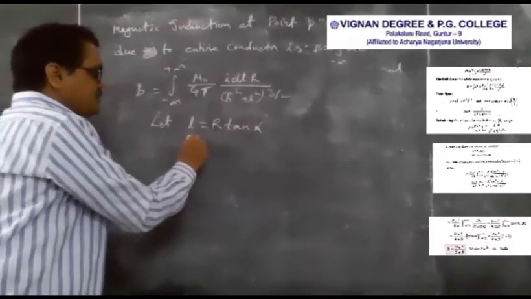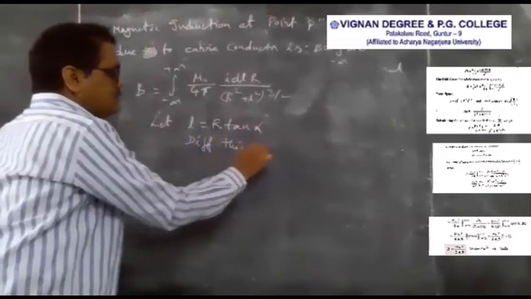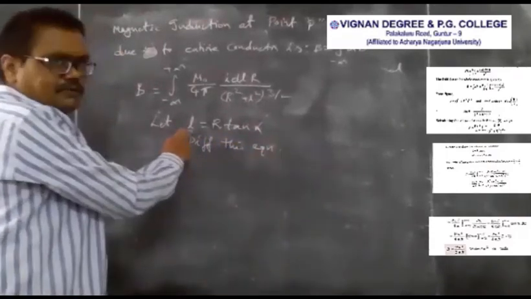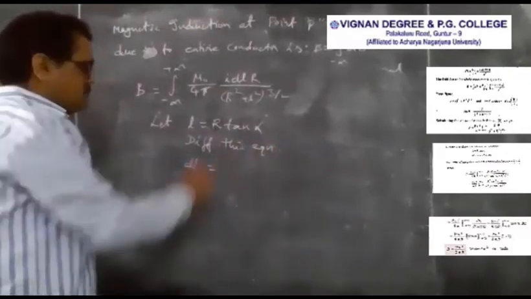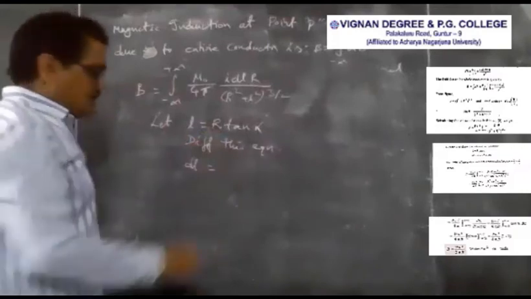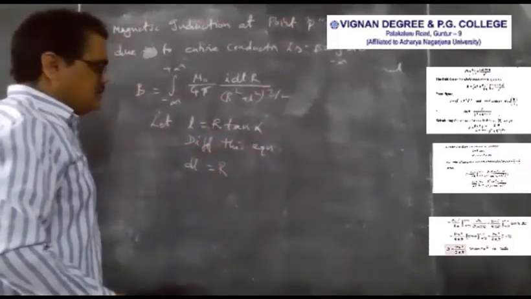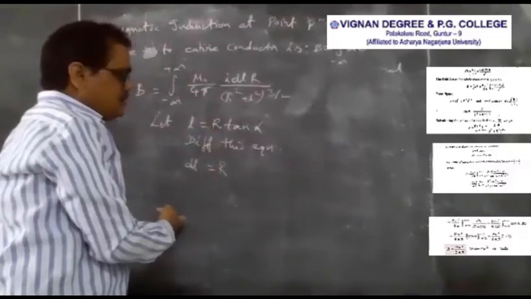Differentiating this equation, differentiation of l means dl. Since R is a constant, its differentiation is 0.